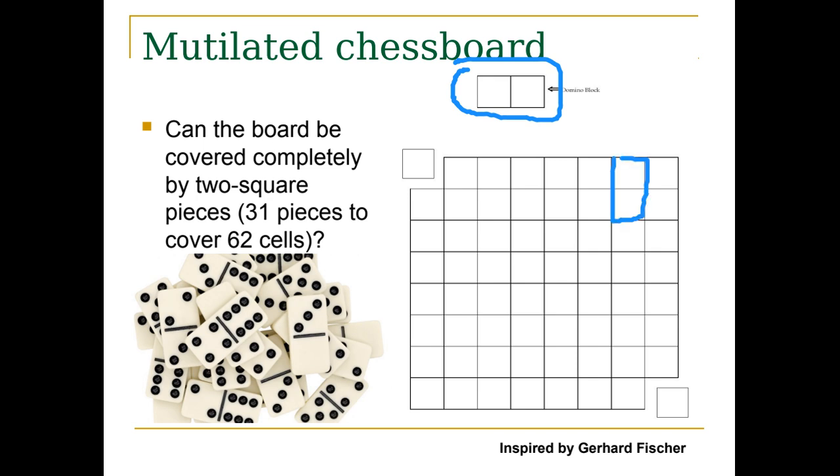I have an infinite number of dominoes, and they have exactly the same size as my squares. Can I start covering the board this way and cover the chessboard completely? Obviously, I cannot have them overlap, on top of each other. They all need to be flat on the board. Is it possible to cover it?